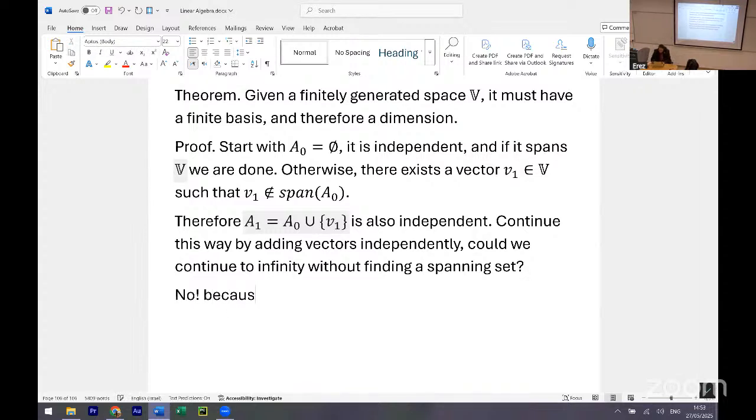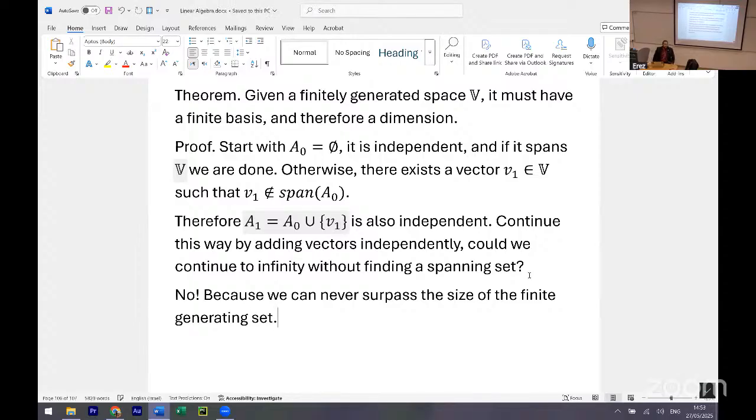Because we can never surpass the size of the finite generating set. There is such one.